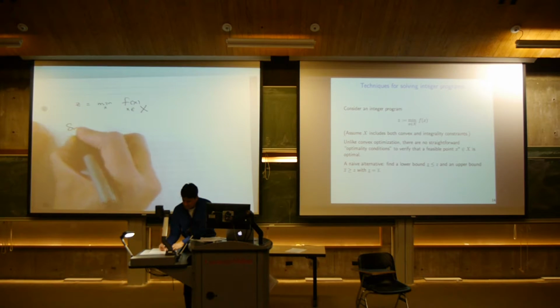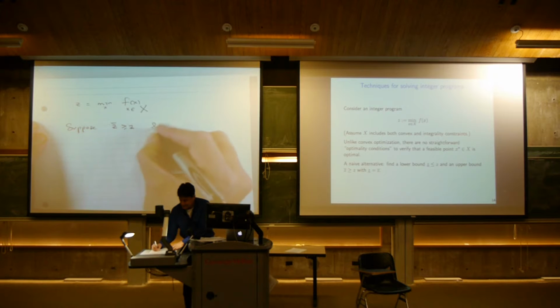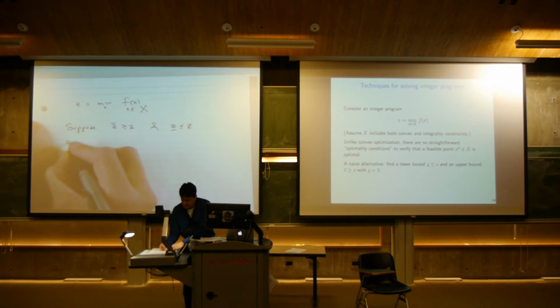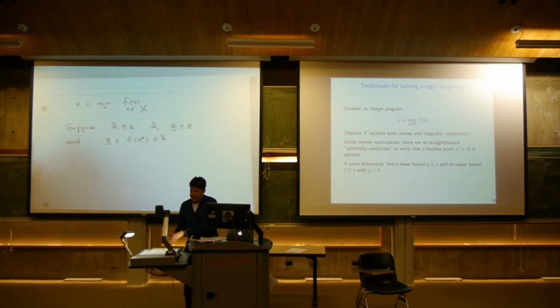Okay, suppose this is an upper bound, and this guy is a lower bound, and they also bracket the value of my current solution.